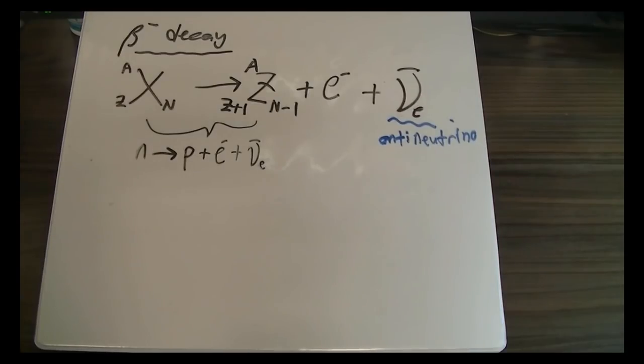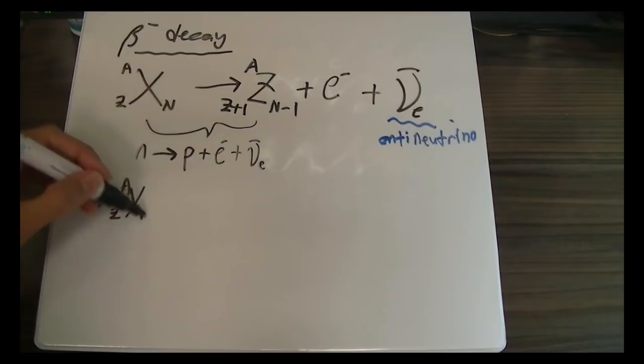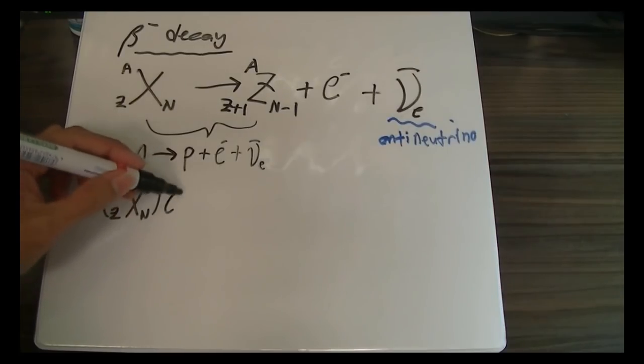Now we have to analyze the conservation of energy in the beta minus decay process. Prior to the decay, we only have the mass energy of the parent nuclide, mc squared.